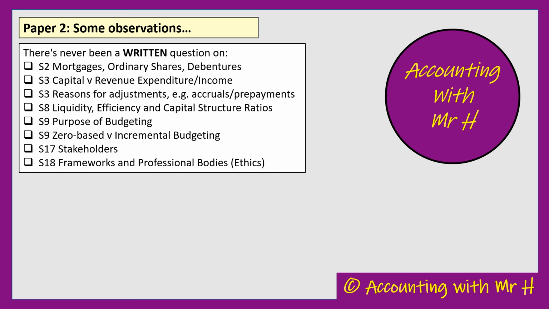Section 8, I think this is quite an interesting one. 8 is where all the ratios are, the profitability, liquidity, efficiency, capital structure ratios. And this is really lacking across the 2 papers over the last 5 years. There have been multiple choice questions where they've asked you to work out a ratio, and I suppose they're quite low level, low stakes questions.